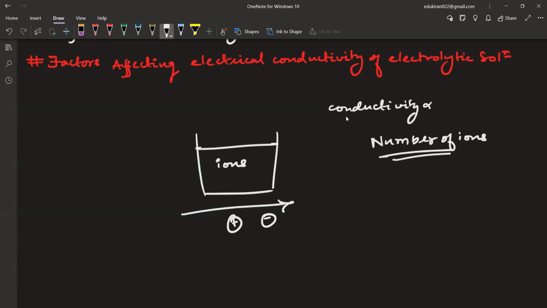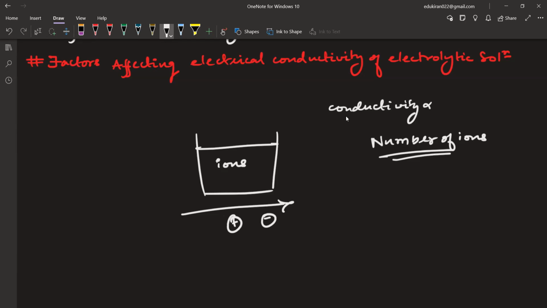It will increase, right? This is completely logical. Ions are the charge carriers, and if I increase the number of charge carriers, the conductance will increase.